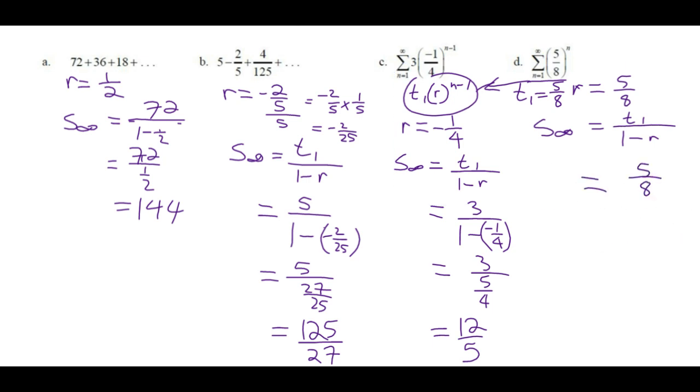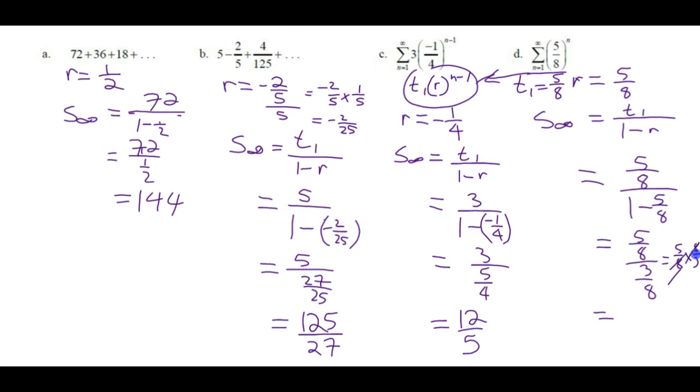So it's 5/8 over 1 minus 5/8, which is 5/8 over 3/8, which is 5/8 times 8 over 3. And these cancel, so 5 over 3. Okay, so watch out, don't get tricked.